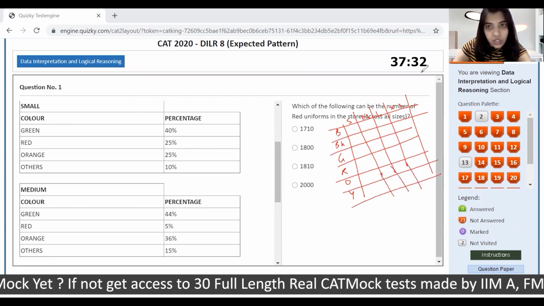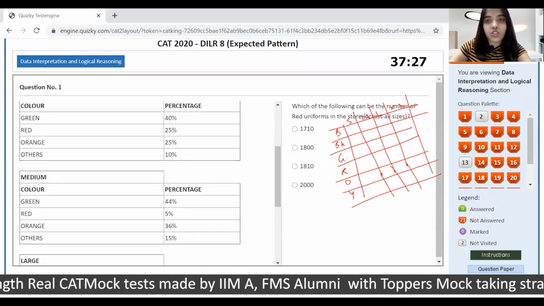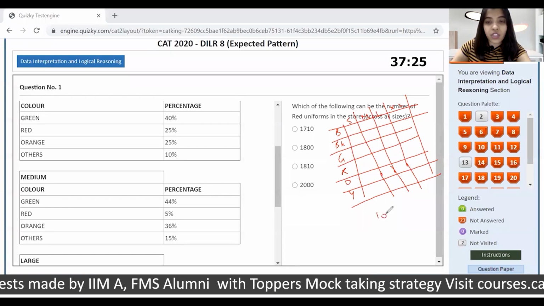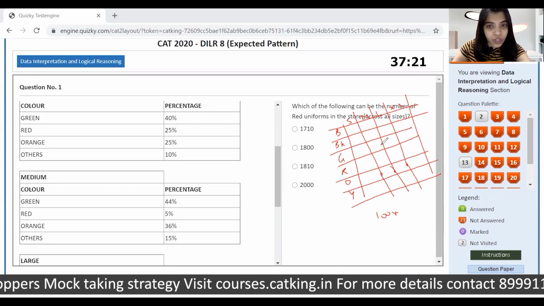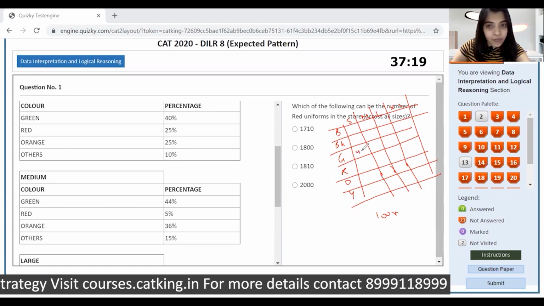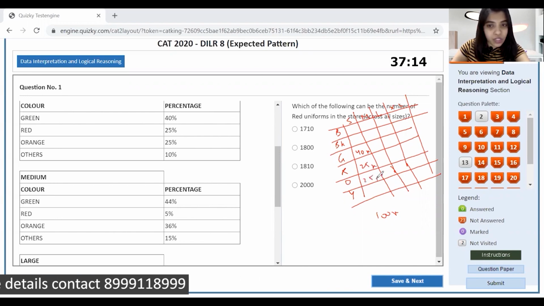So what they've given us here is that the number of uniforms of each size is the same. So let's just assume there's 100x uniforms of each size. For small, we have 40x, 25x, 25x, and the remaining is 10x.